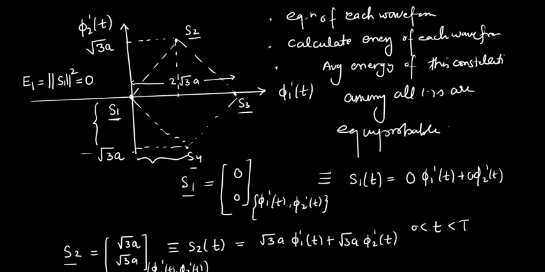The energy of S2 waveform would be the norm of this vector S2 squared, and this is the distance. So what will it be? Root 3a, this is root 3a, this is root 3a, right? So, 6a square, just check it.